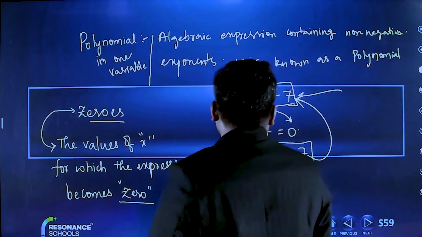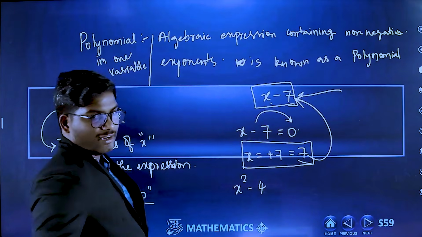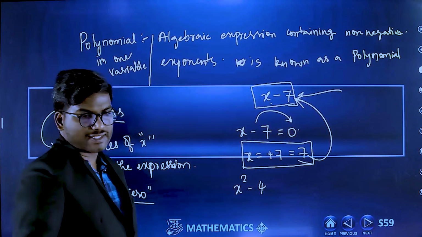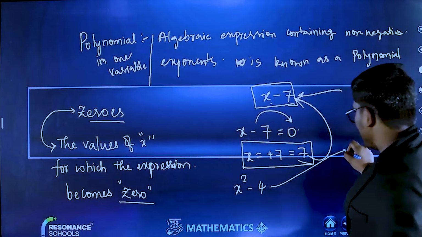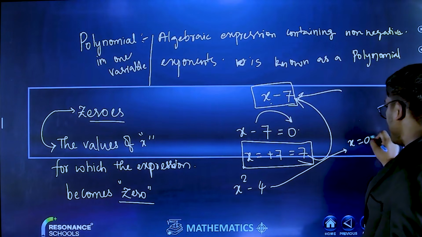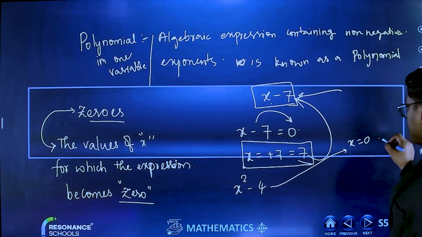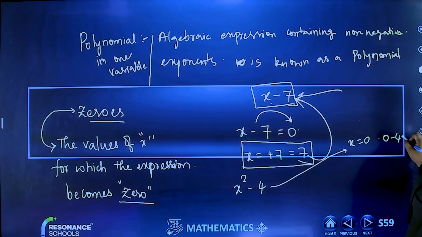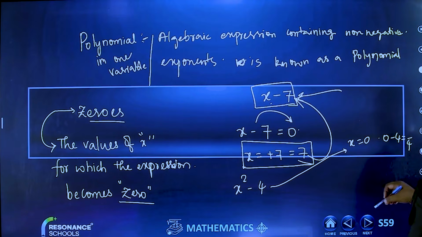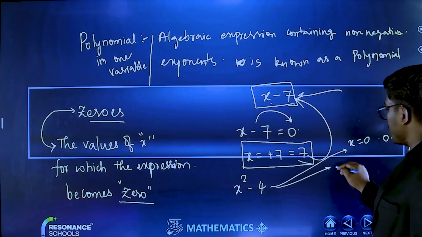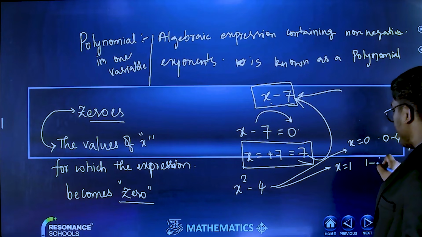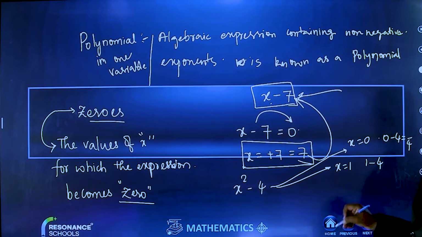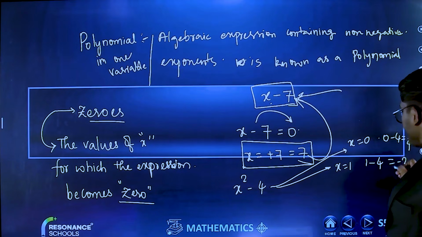If we take random values in place of x, say x equal to 0, x square minus 4 is 0 minus 4, which is minus 4. Now for x equal to 1, the value is 1 square, 1 minus 4, which is minus 3.